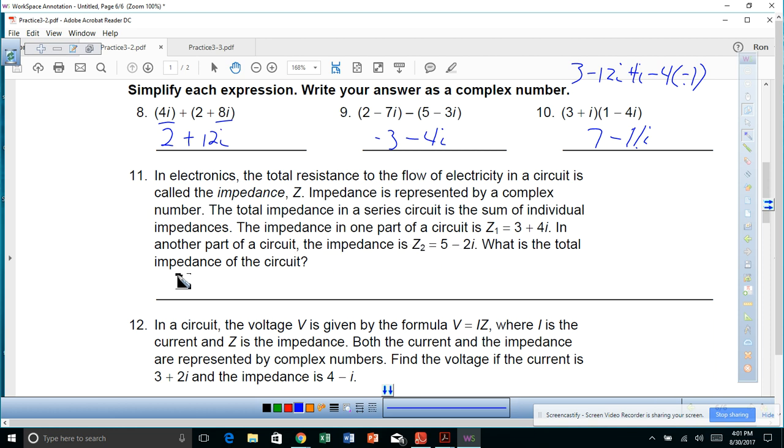What is the total impedance? Well, that would be Z sub 1 plus Z sub 2, which is 3 plus 4i plus 5 minus 2i. And all we do is we combine like terms. 3 plus 5 is 8. 4i minus 2i is plus 2i. Not too shabby.